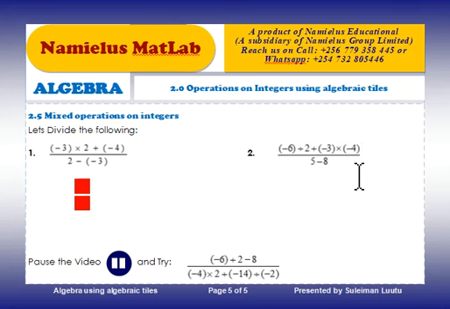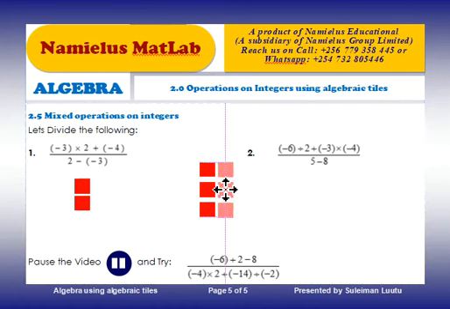So we have -3, this one here, 4 times. So we are multiplying 3 and 4.